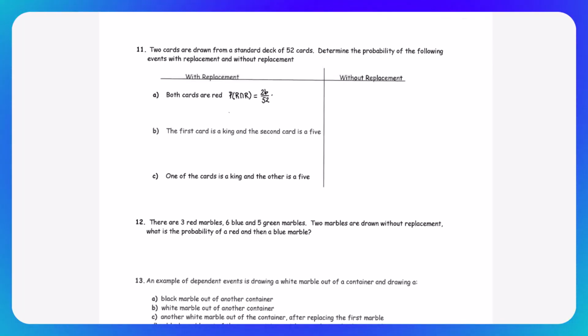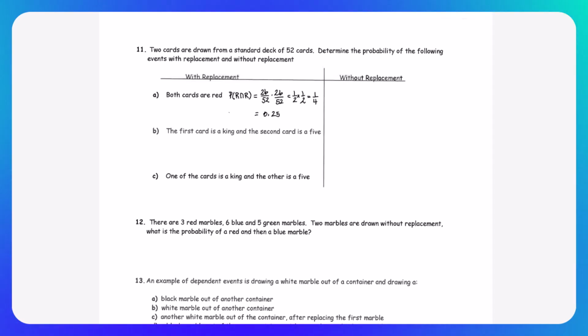So when we want to pick another red card, the probability is the same. Now at this point, if you want, you can change it to 1/2 times 1/2, which is going to give you a quarter or 0.25. We can leave that like that. So this is with replacement.